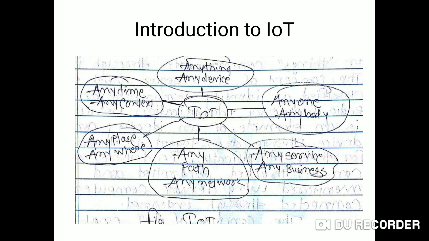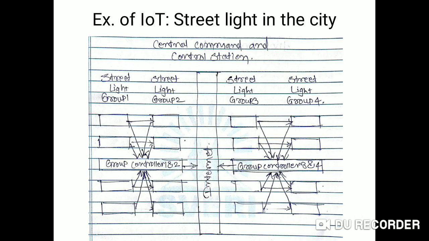Another example is street light in the city. Street light in a city can be made to function like living entities through the sensing and computing using embedded system that communicate and interact with a central control and command station through the internet.